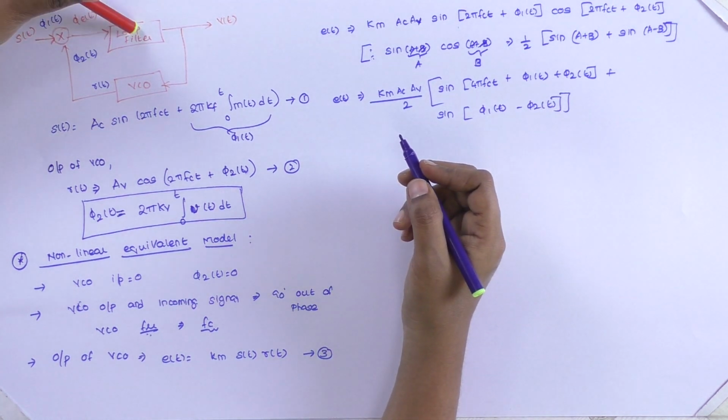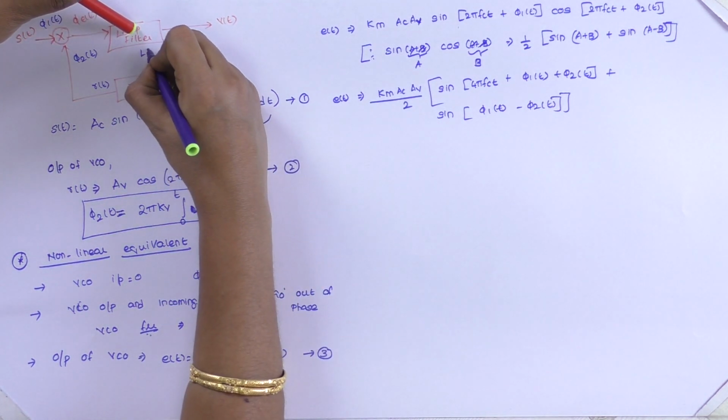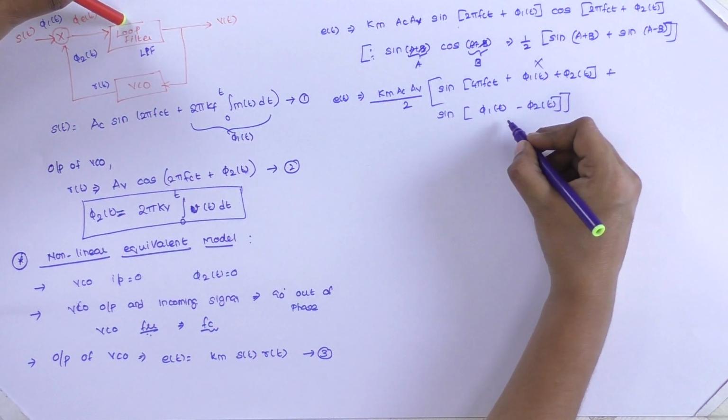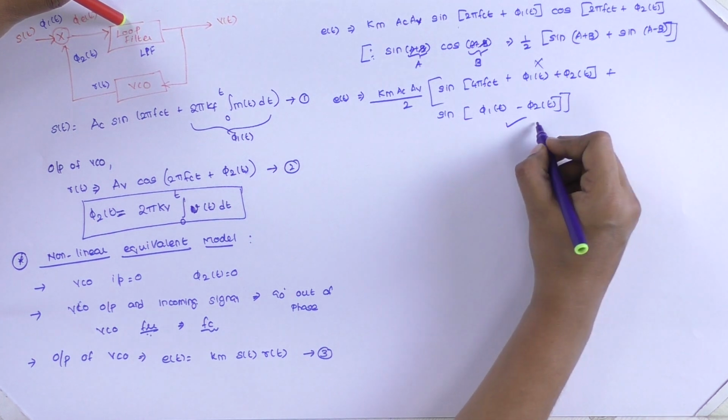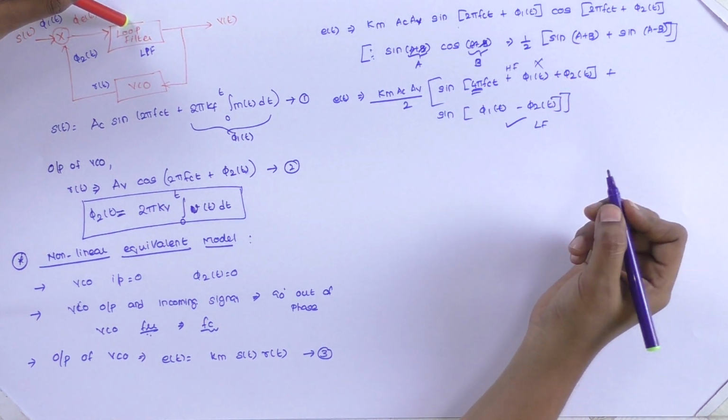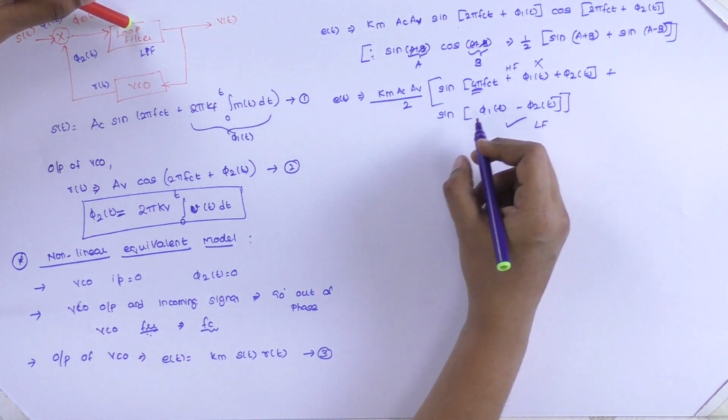This E of t is passing through the loop filter. This is the low pass filtered version. Therefore, this high frequency component will get eliminated. Only this low frequency component will be passed through. Since here you are having 4 pi fc, only this component will be passed through.